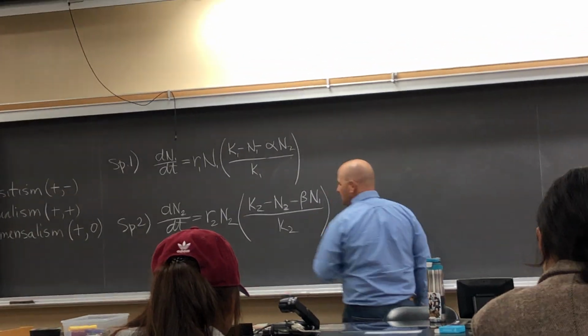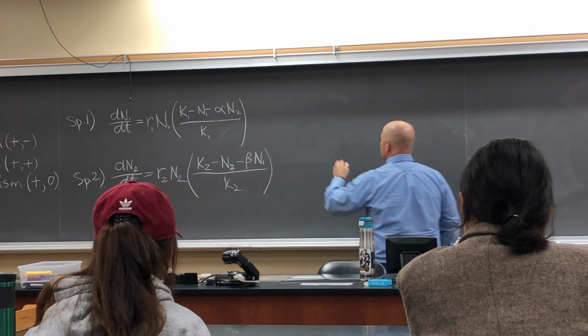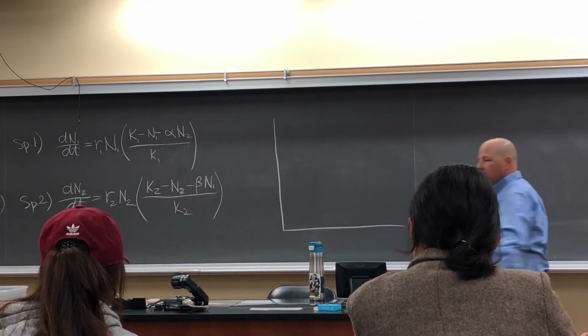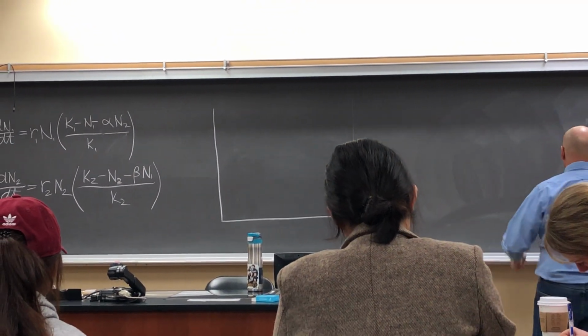Okay, so let's take a look at what these two things predict. So we're going to make some graphs that are called zero growth isocline graphs.